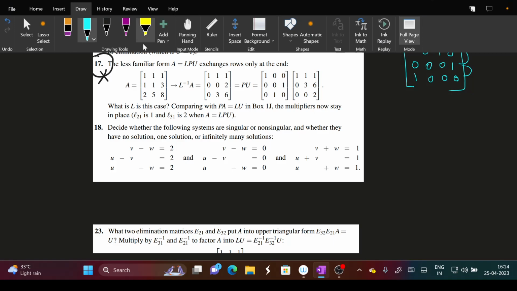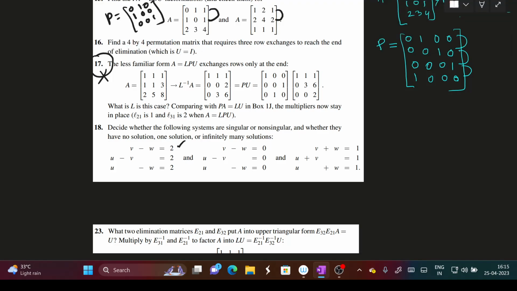One can observe that the left hand side of the third equation minus the left hand side of the second equation gives the first equation. That means R3 minus R2 is equal to R1 for the first matrix.